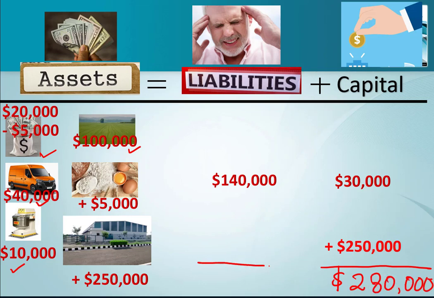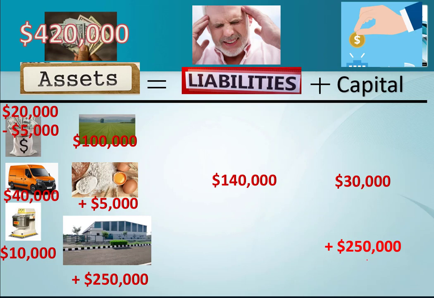Our liability still remains unchanged, that is 140,000. If you total your assets, it is worth 140,000 plus 280,000, that is 420,000.